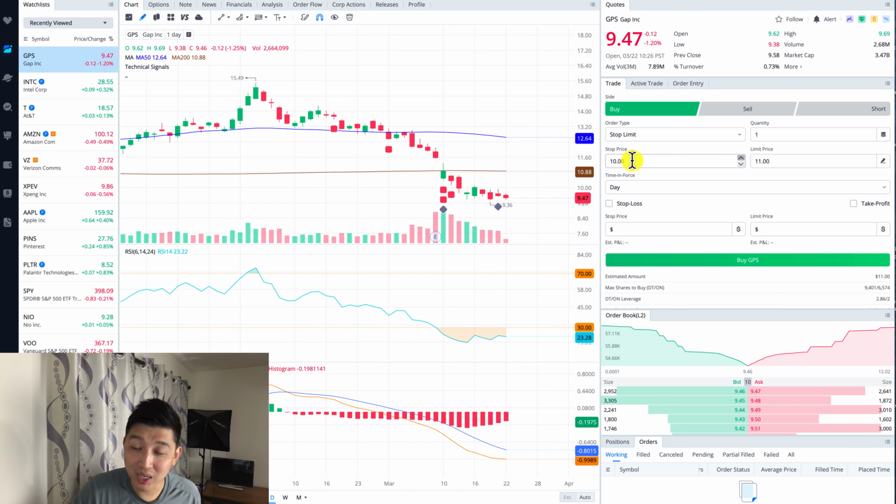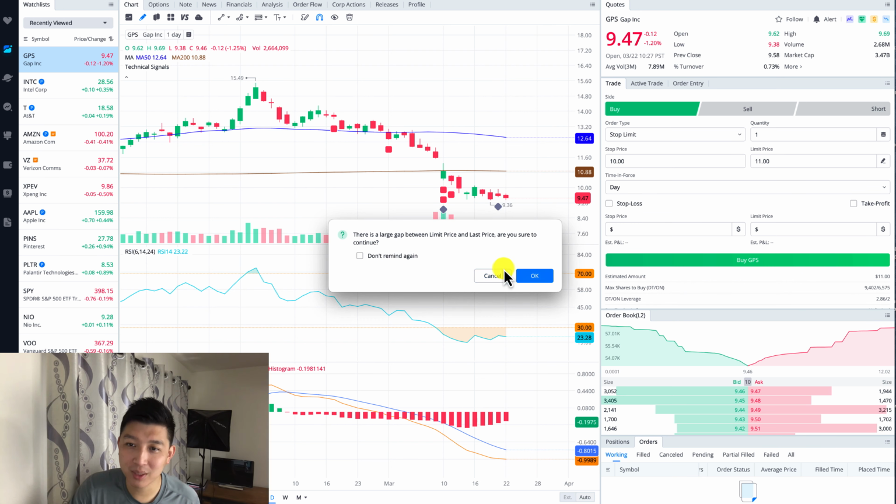So the stop price is what triggers this order, and the limit is what you set yourself to be willing to pay for a stock. This is for the buy order as well. Right now, if I were to go ahead and place this order for GPS, which is Gap, it's going to show me this, but obviously this is for example, so that's why there's a large gap.